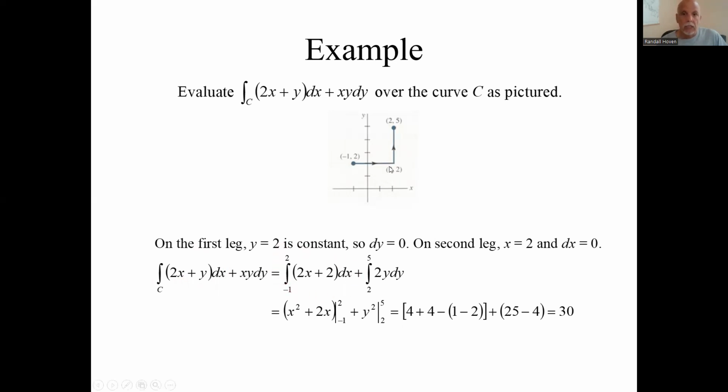On the second leg, dx equals 0. So this whole front term goes away, and x itself equals 2. So it'll be 2y dy. And y goes from 2 to 5. There's the second leg. Just take these two integrals normally and add them.